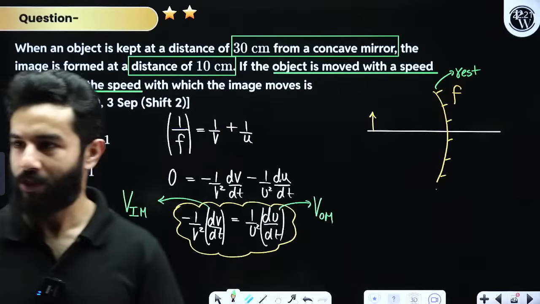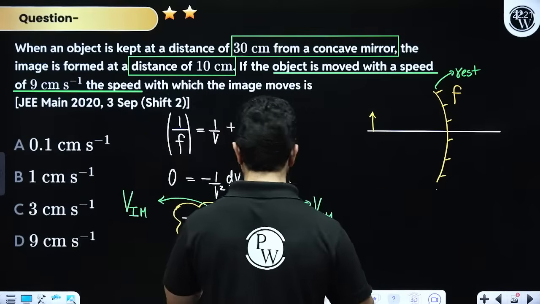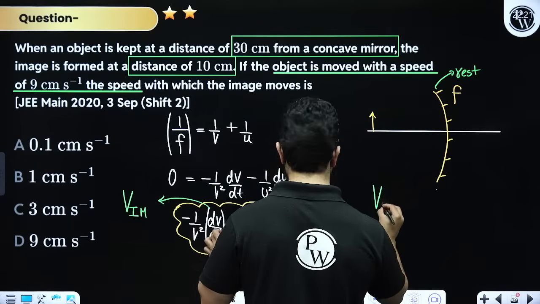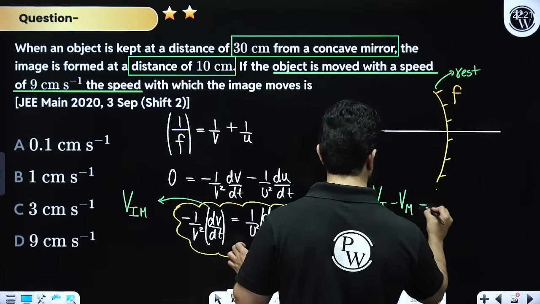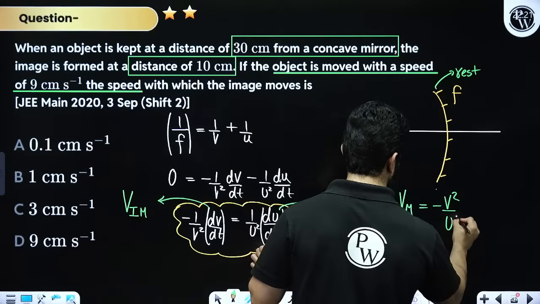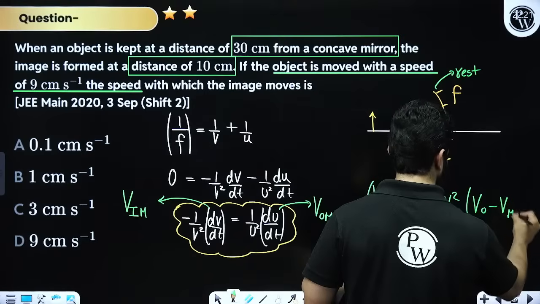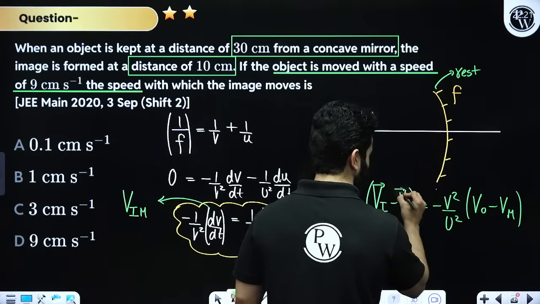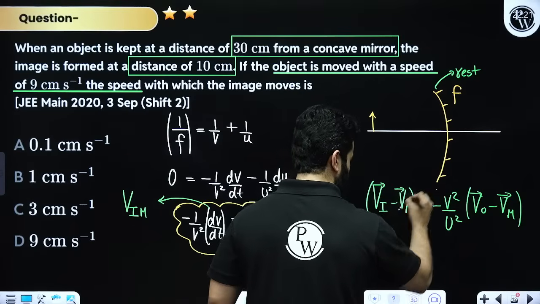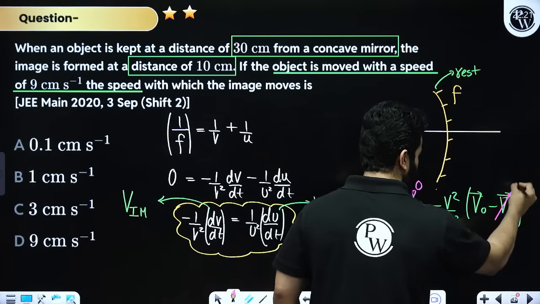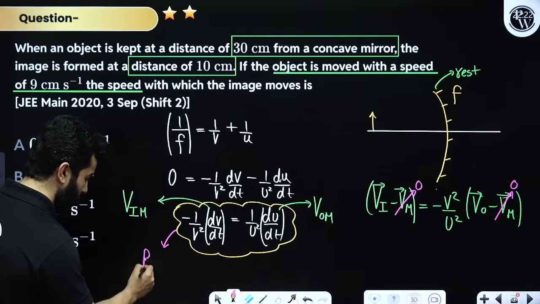So this will become velocity of image minus velocity of mirror is equal to minus v square by u square times velocity of object minus velocity of mirror. Everything is in vectors, by the way. But right now, because the mirror is not moving, this will become 0. And from now on, you can directly use this formula. Remember this.